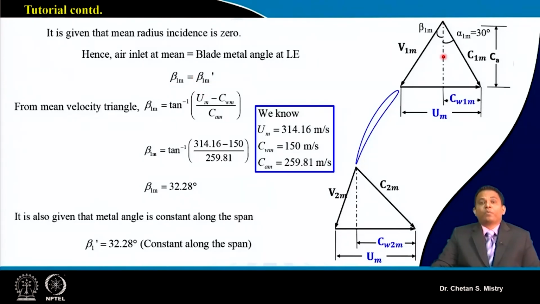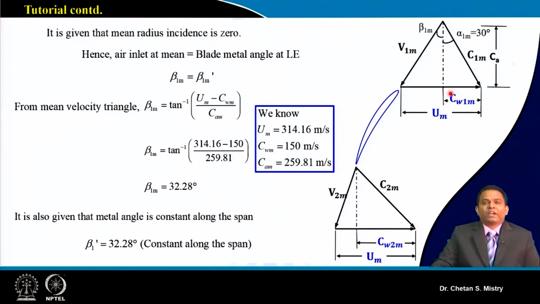Now if we put our velocity triangle at the mid station, what we know is my mean peripheral speed is 314.16 meter per second, my CW is 140 meter per second, and my axial velocity is 259.81. So if we put all together, that will give me this kind of velocity triangle.